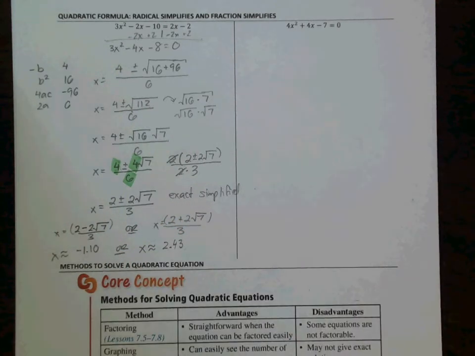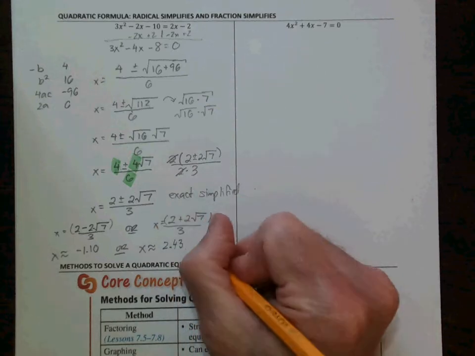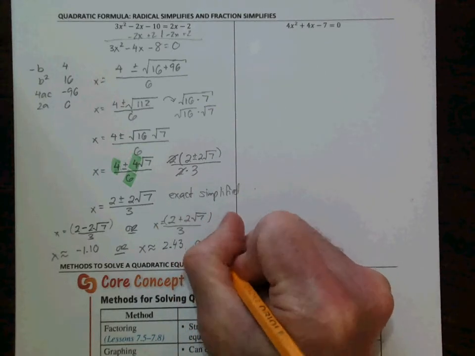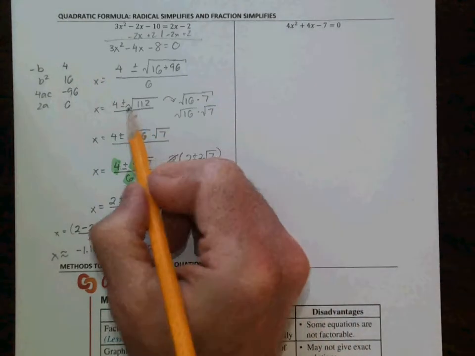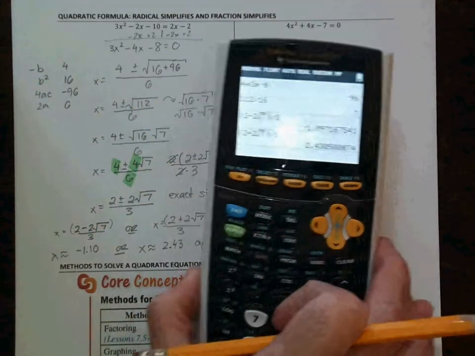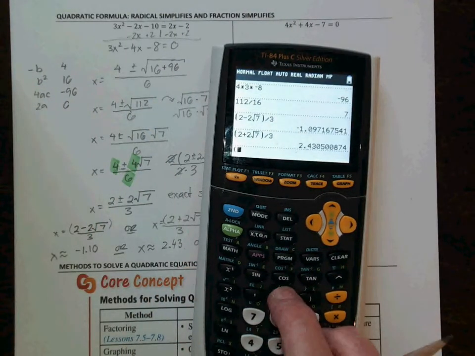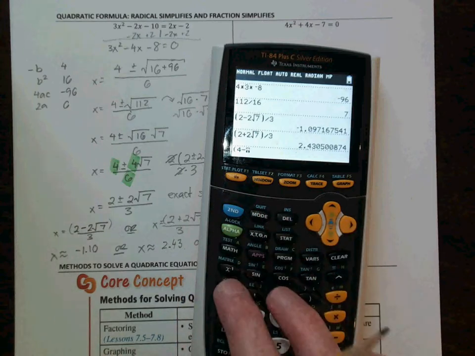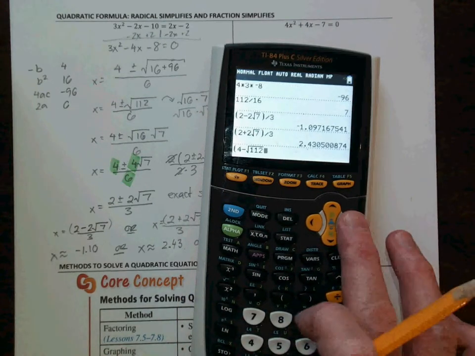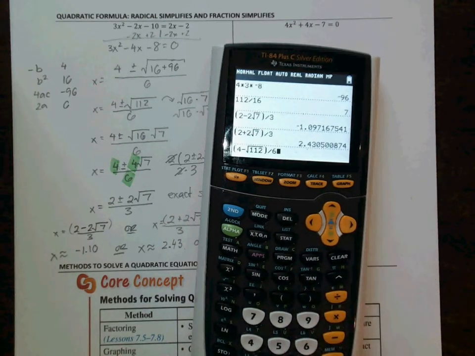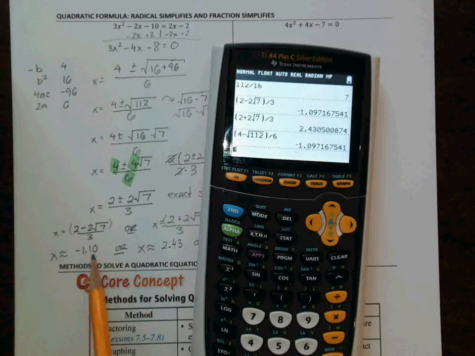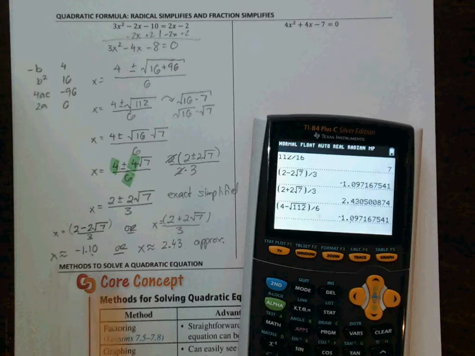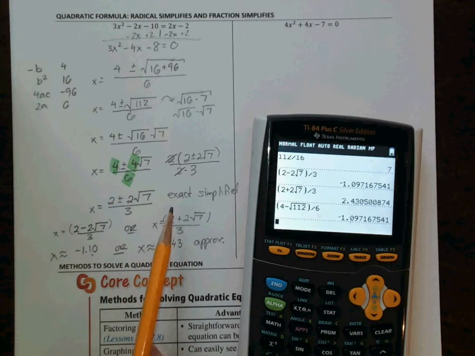So if all you wanted was this approximate answer, you could have gone with up here, because if you see, if I did in parentheses 4 minus the square root of 112 divided by 6, you're going to see I get exactly this solution. So if all you need is these decimal approximations, you don't need to find the simplified radical form.